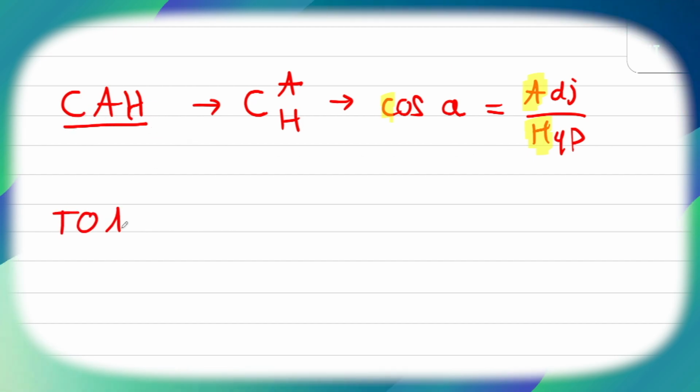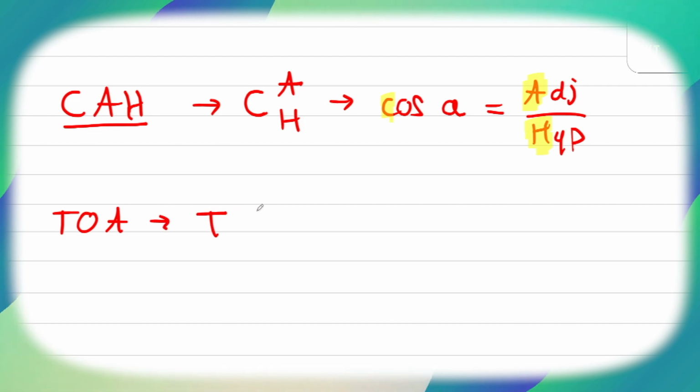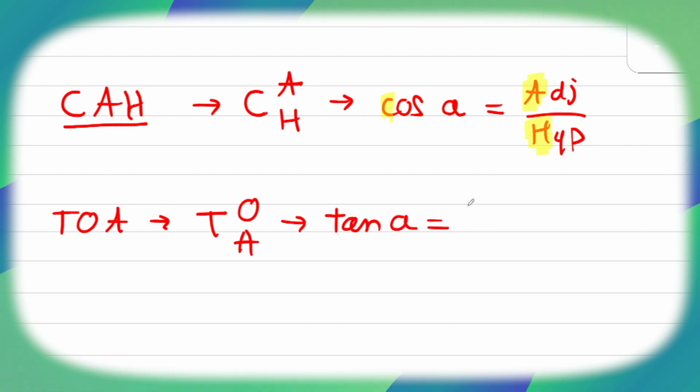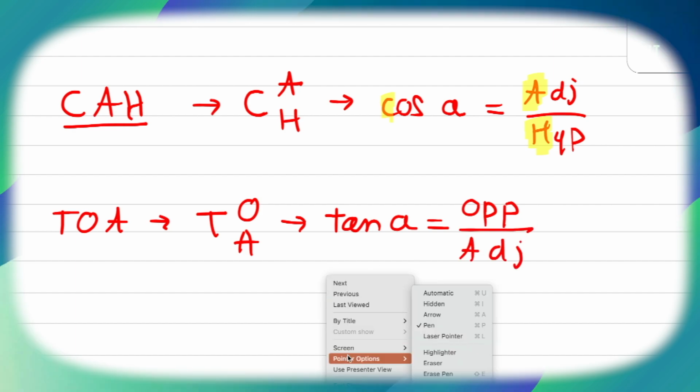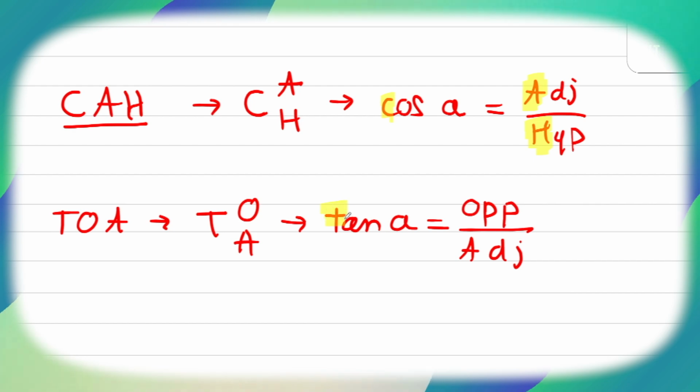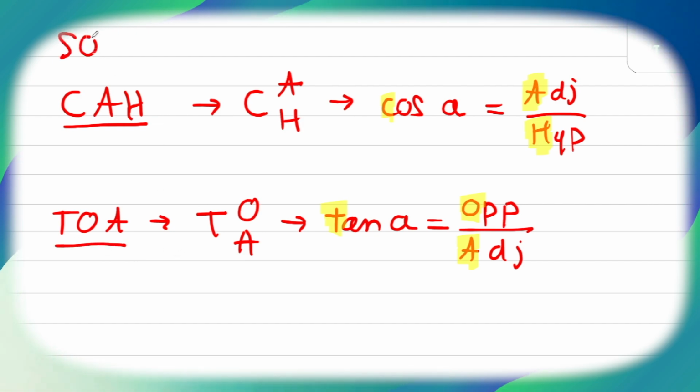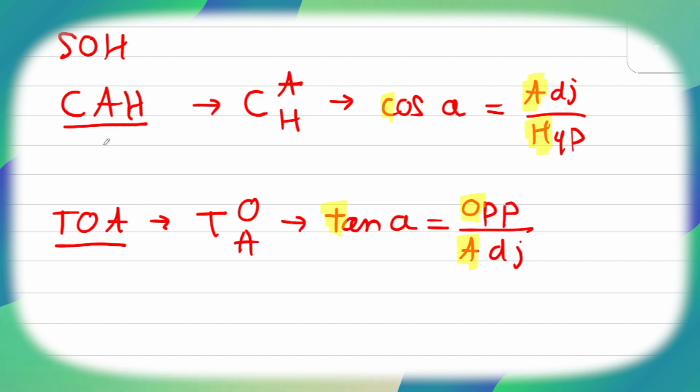About the Toa formula, T is tan, O and A: tan of an angle is equal to the opposite side of that angle divided by the adjacent of that angle. Tan is presented by T, opposite by O, and adjacent by A. That's why you get the Toa. And that is Soh Cah Toa, the trigonometric ratios.